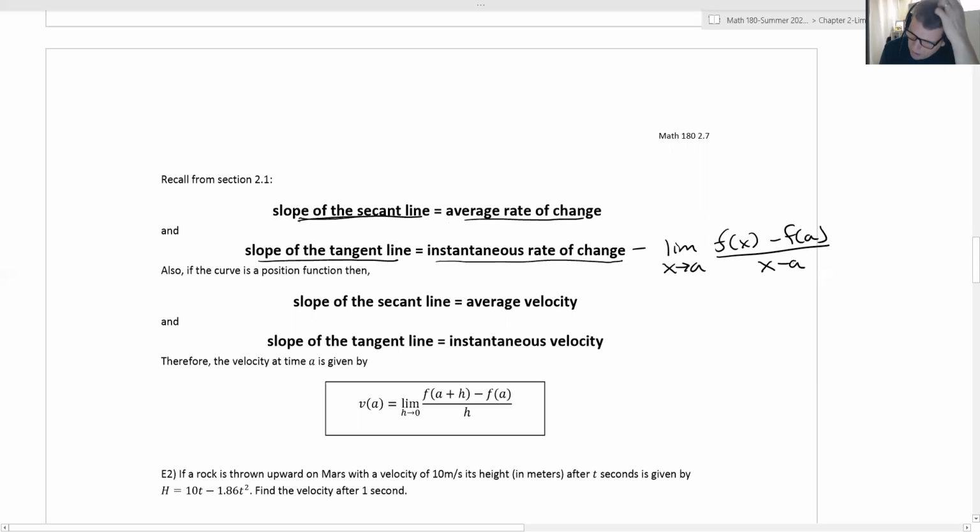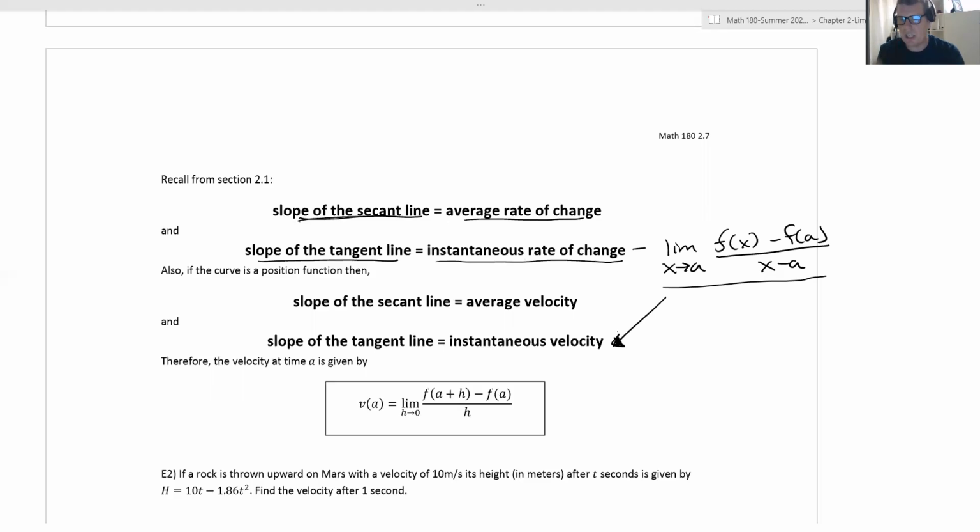So what you get here is the difference between this whole idea of average and what happens when we add in the limit. When I add in the limit, I get the instantaneous rate of change. The same thing's going to happen here for velocity. Instantaneous velocity is the slope of the tangent line. It's an instantaneous rate of change. So that's our big difference here.